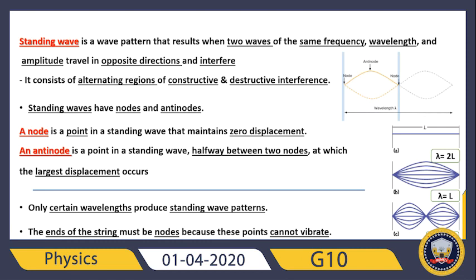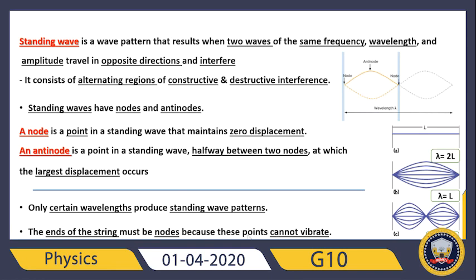What if there are 4? Each one will be 1 over 2, 1 over 2, 1 over 2, 1 over 2, and so on, in order to make 2 at the end. At the ends of the string there must be nodes, because these points cannot vibrate. Be careful: the nodes cannot vibrate, so they are always at the ends of the string.